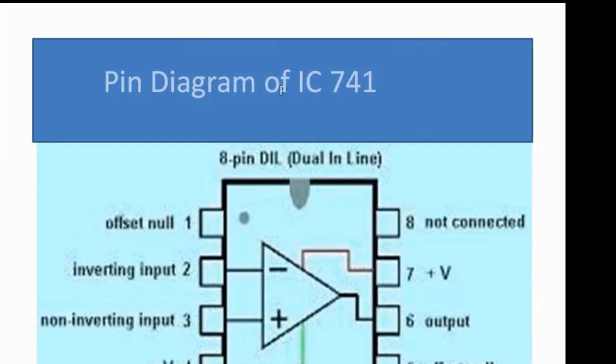Generally, a small dot is indicated on the IC. It indicates pin number 1, so that one can identify it, and this is the picture of the DIP package.